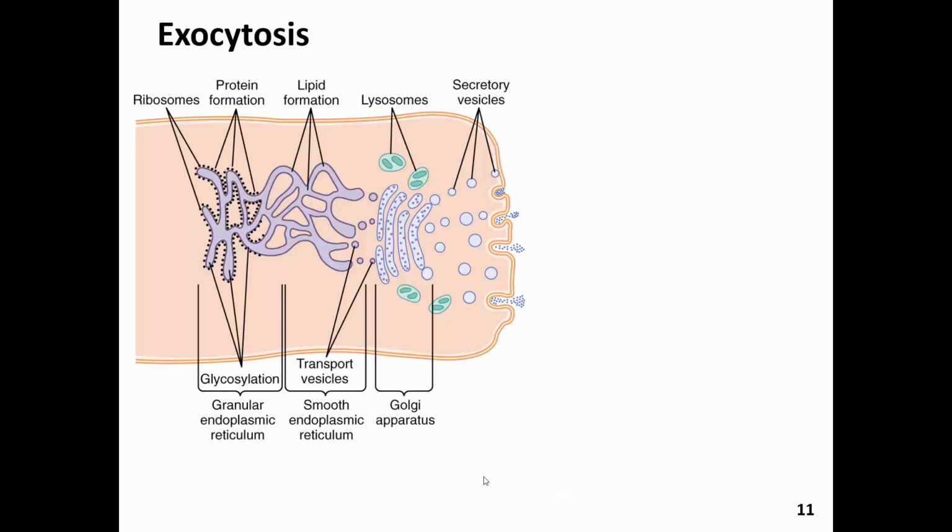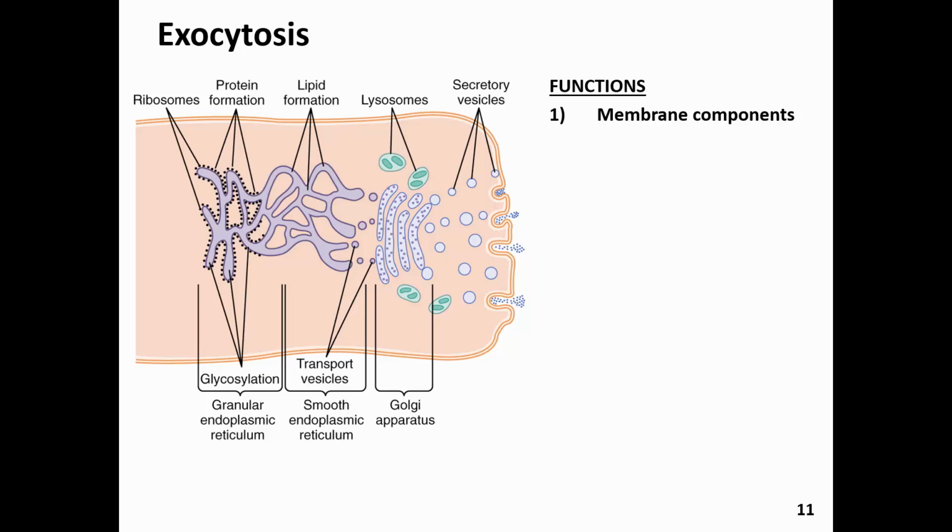One important function of neurons that we'll see in this unit is called exocytosis. Exocytosis refers to the movement of molecules or ions from the interior of the cell to the exterior of the cell through a particular mechanism.